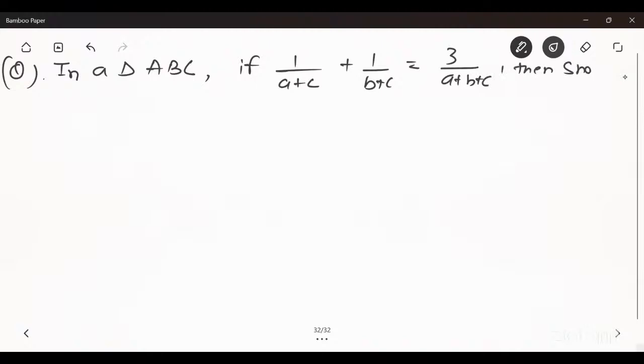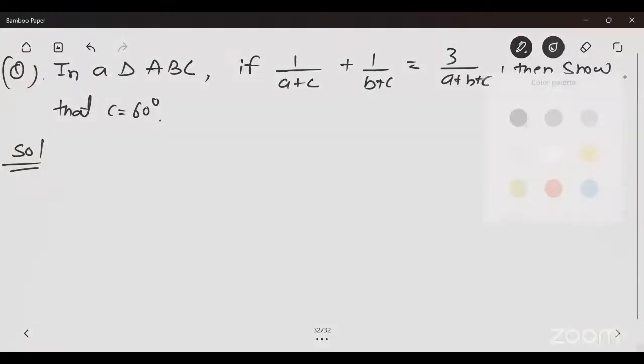I think this question I have solved in the previous class. So once again, I am solving this question. Those students who were not present in that class can see it in the class. This question is repeated 3 times in your previous year questions, so that was very important from the exam point of view.